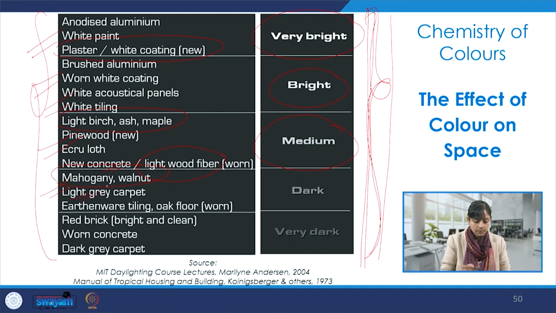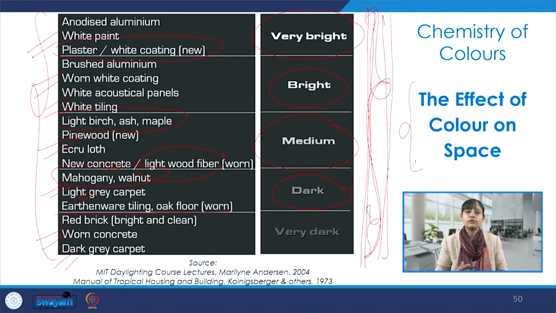The light grey carpet, earthenware tiling, oak floor. These would be under the category of dark. And then red brick, worn concrete, dark grey carpet. They could be very dark. So, of course, there is a profound effect of the kind of color we select and on the space where we are applying it.